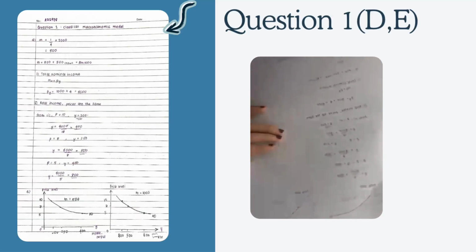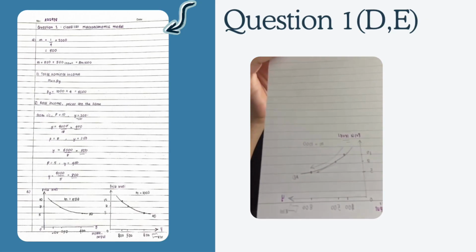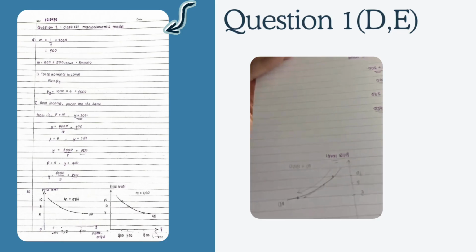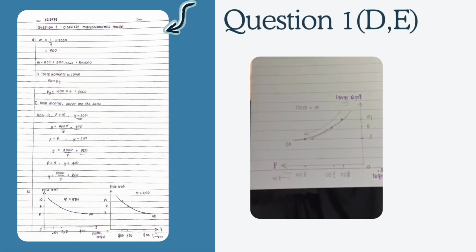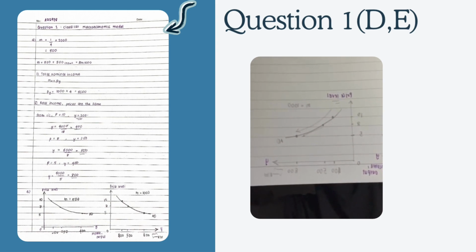The new curve is this one, when the money supply is 1,000. So, in summary, an increase in the money supply leads to higher nominal income and shifts the aggregate demand curve.